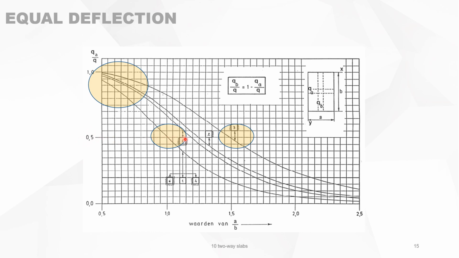For those slabs that are completely symmetrical, it's obvious that A is equal to B, then QA is equal to QB. But you will see, for instance, for type 3, when 2 opposite sides are clamped and the other 2 opposite sides are simply supported, that the carried over load is equal when A over B is 1.5.